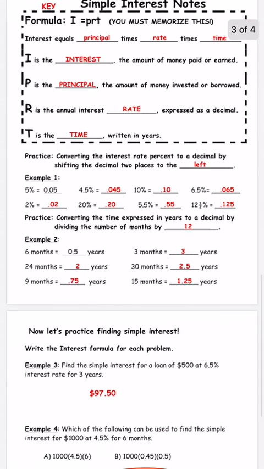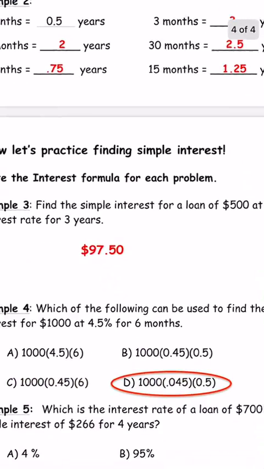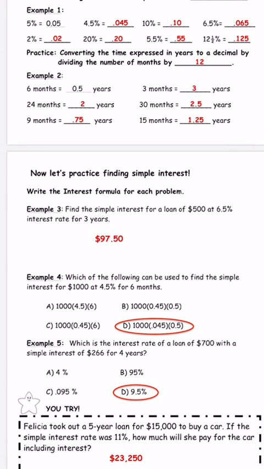Now let's actually try, what does this mean as a problem? I'm going to go through one of these. I won't go through the whole part, but this is example number 3. Once again, the numbers that I give you, you're just going to multiply. To get simple interest, you just multiply the 3 numbers. Find the simple interest for a loan of $500. That's called your principal, at 6.5%.